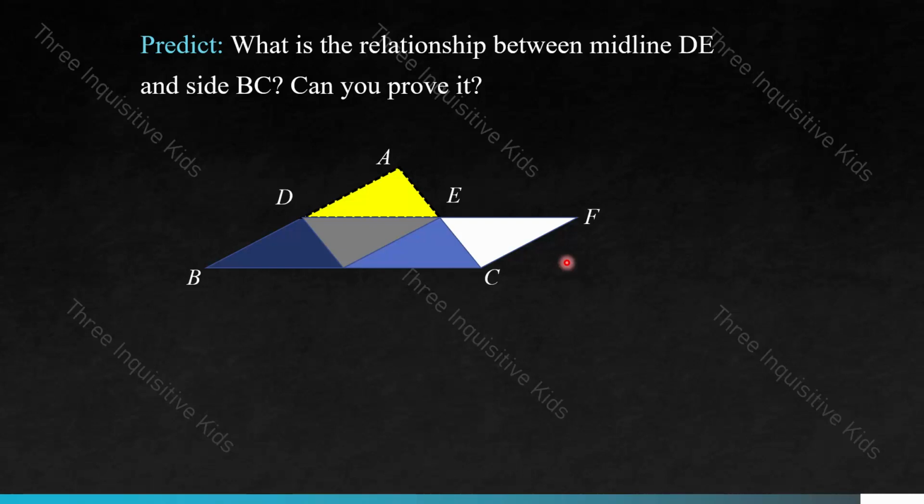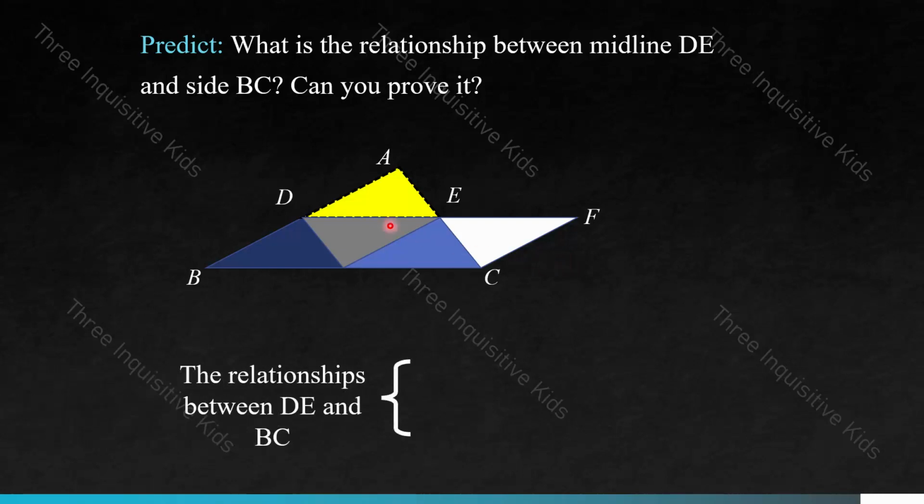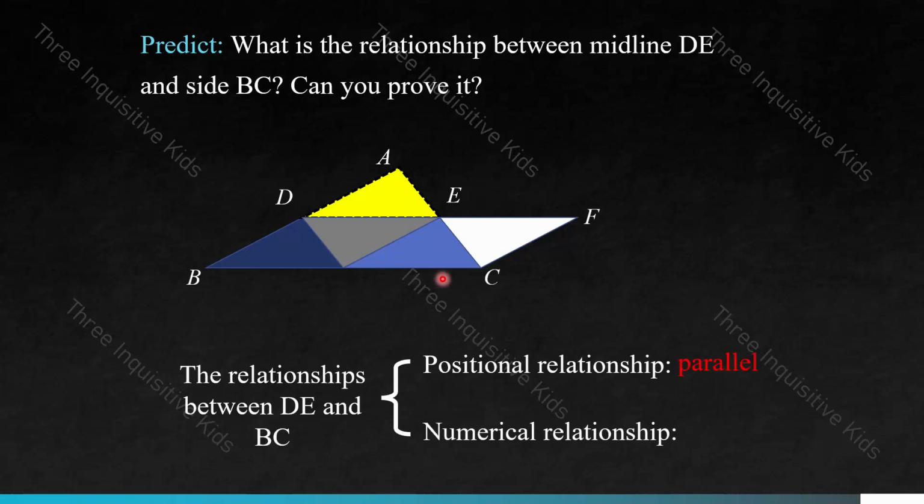So let's make a prediction. What is the relationship between midline DE and side BC? And can you prove it? Well, DE is this line segment over here, and BC is this side over here. Their positional relationship is that they are parallel to each other, and their numerical relationship is that DE is exactly half the length of BC.